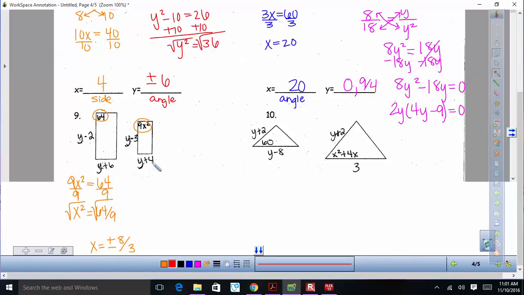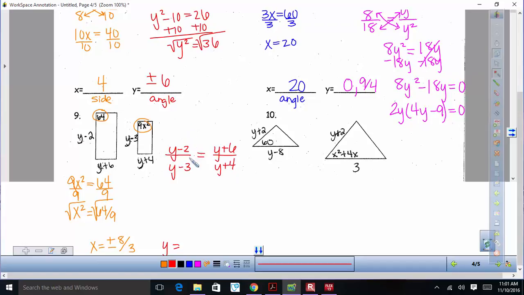Rennie, how would you set up to solve for the sides? Y minus 2 over y minus 3. Okay. Equals y plus 6 over y plus 4. Very good. So we practiced this skill yesterday.